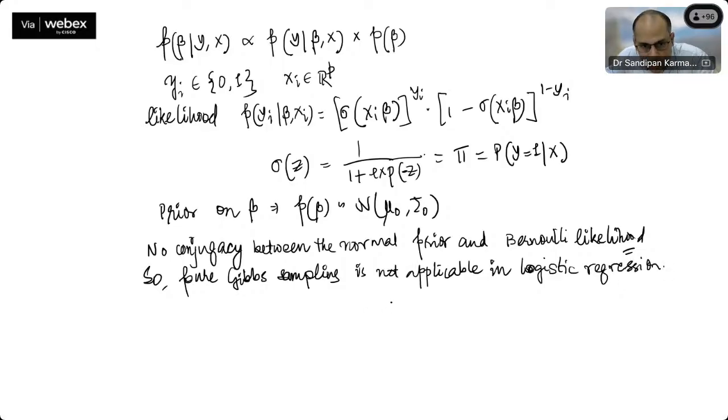Why? Let me iterate once again that the likelihood is Bernoulli, but your prior is normal. Here Z is basically xi beta. If you want to take it out and work in the fashion you did earlier, you will not be able to, because this is 1 divided by 1 plus exponential of minus x beta.